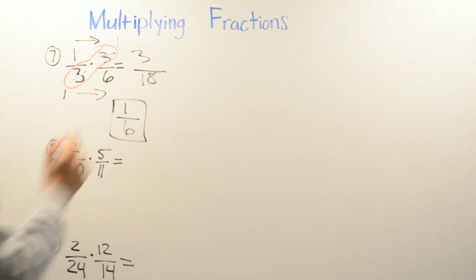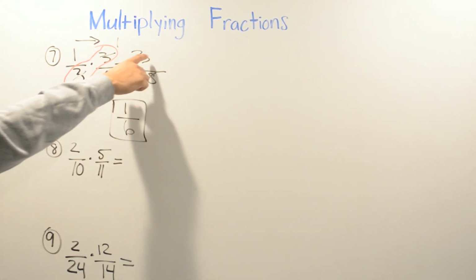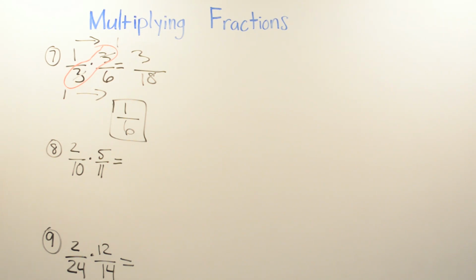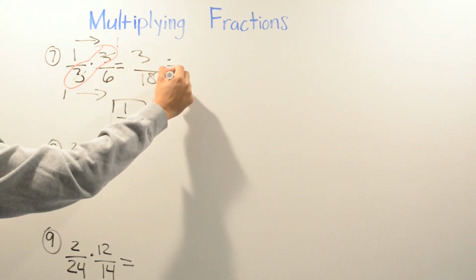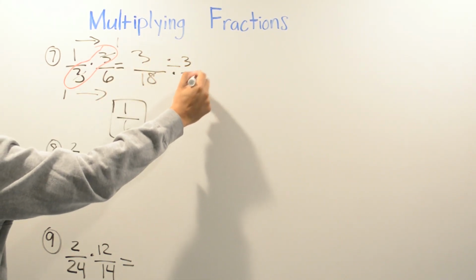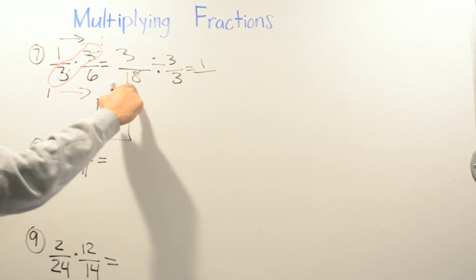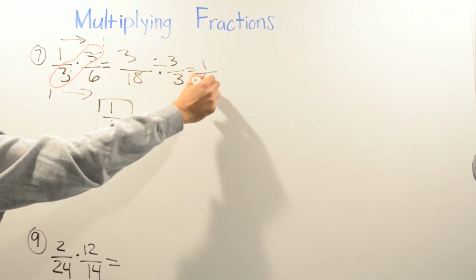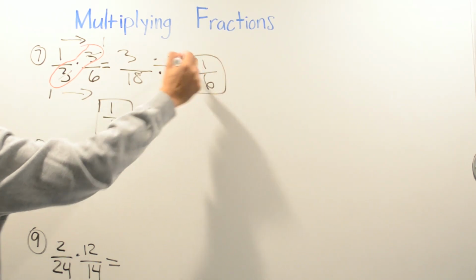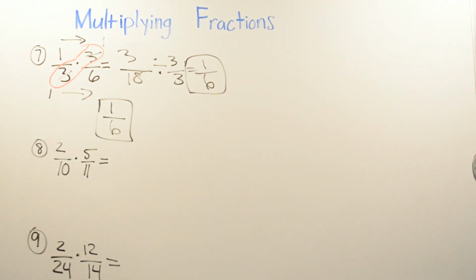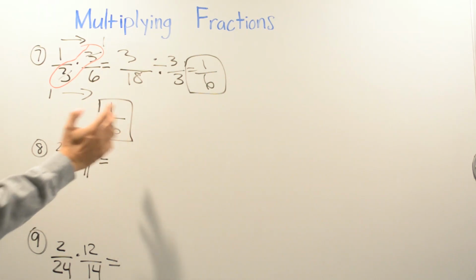And that would be our answer. Here we still have to simplify 3/18, and we're going to look for the greatest common factor, which is going to be 3. And 3 goes into 3 one time, and 3 goes into 18 6 times. As you can see, the same answer applies here and here.